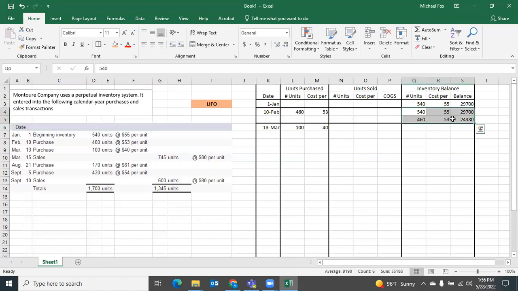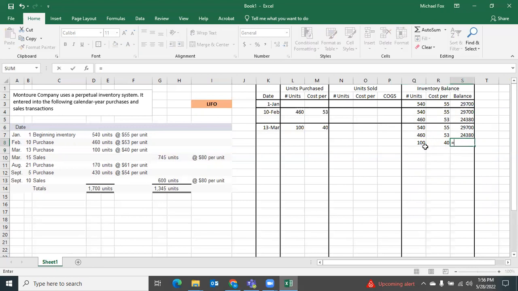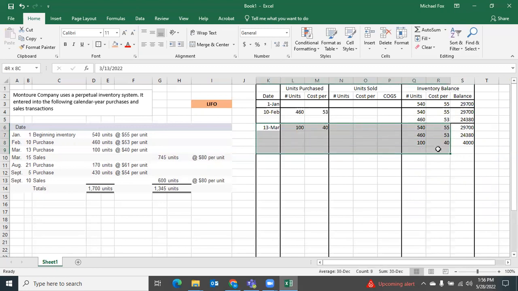So now we'll see that their inventory is all the units they had plus the ones they just purchased. So there's their inventory as of March 13th.